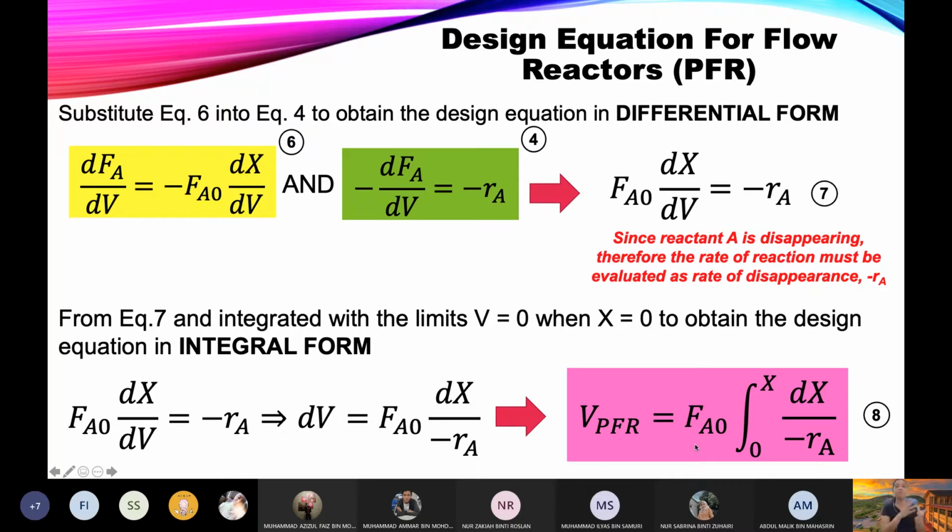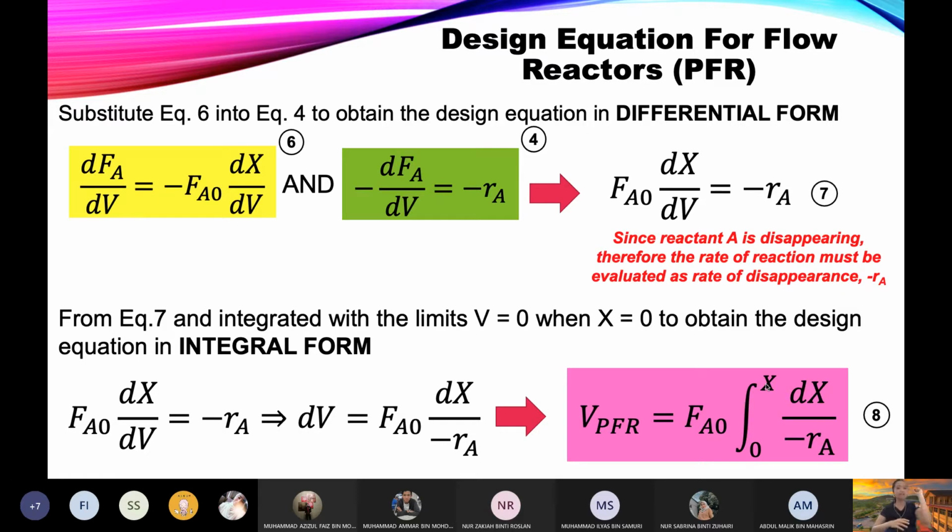So, volume PFR, tadi kita volume CSTR kan, ni volume PFR equals to FA0, inlet molar flow rate, integration from 0 to X. So daripada 0 to X ni pun kamu kena betul-betul faham. Kenapa kita integrate daripada 0 to X is that, again, dia ada limitation dia. This equation is when you have one reactor only.